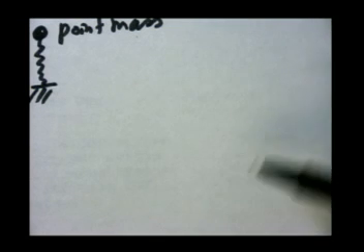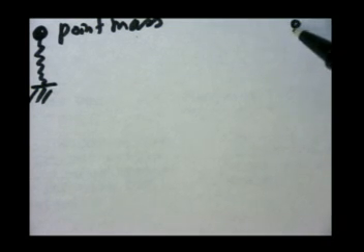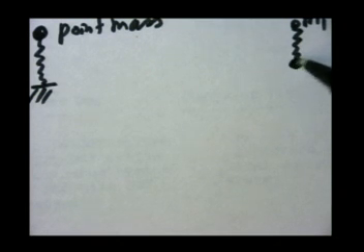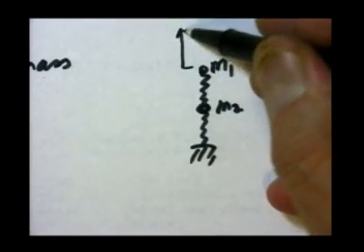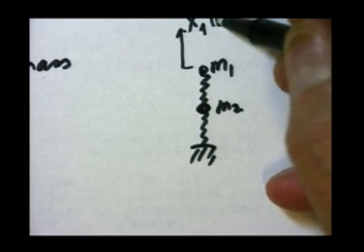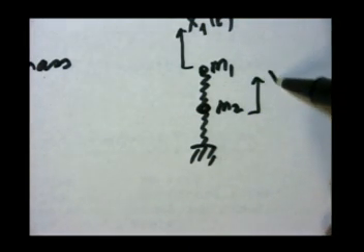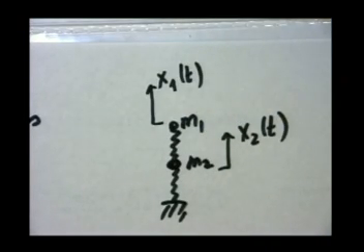Okay, a 2 degrees of freedom system is also very easy to imagine. That is M1, M2, for example, like this. I need to know what happens with this x1 of t and with this x2 of t. Imagine in the beginning that is where they are. What happens then with time in the future? It's a 2 degrees of freedom system.